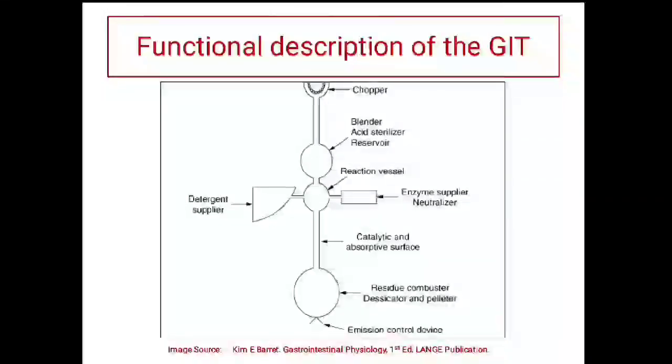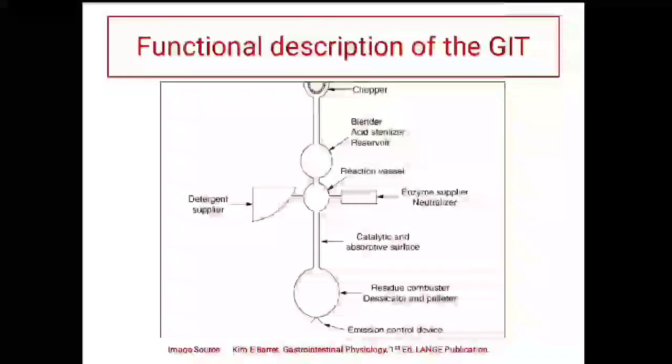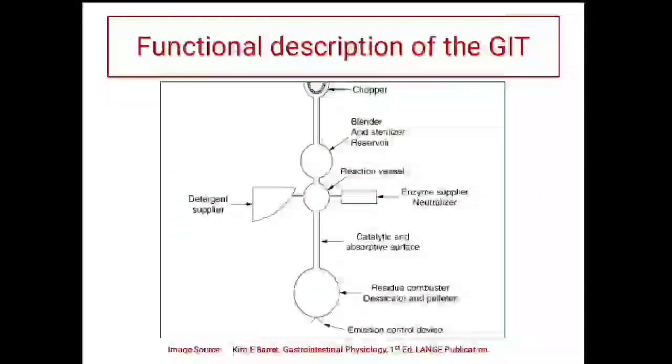The GIT may be thought of as comprising a chopper system, that is the mouth with teeth and tongue, which is transmitted to a blender, acid sterilizer and reservoir represented by the stomach. This leads us to the small intestine, which is the reaction vessel.